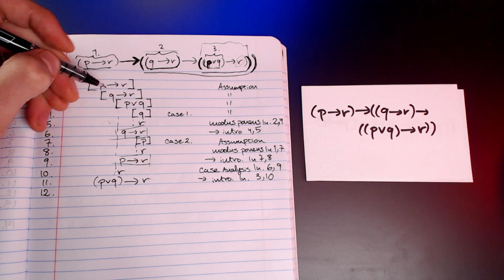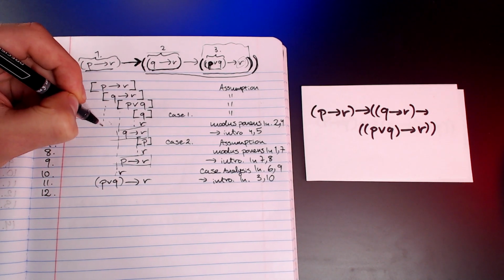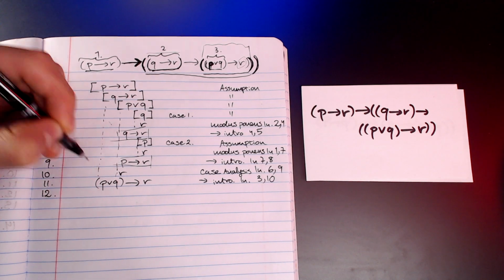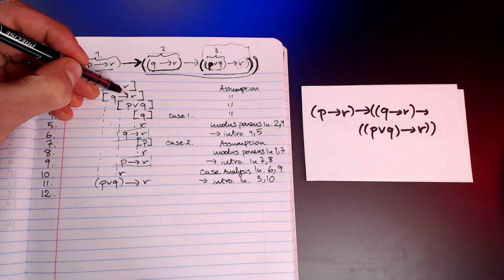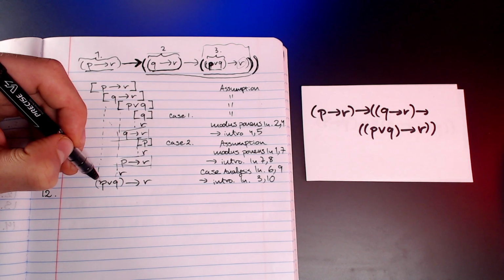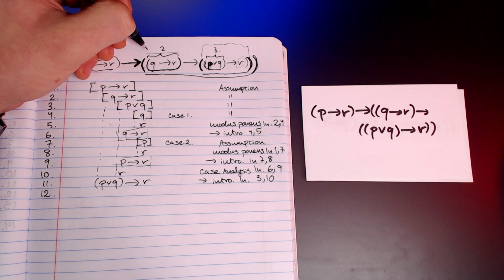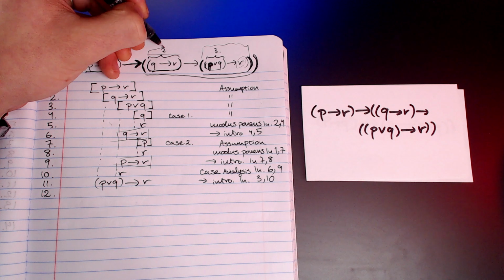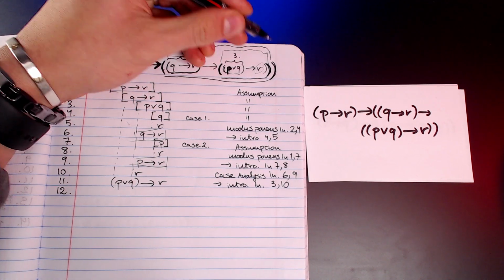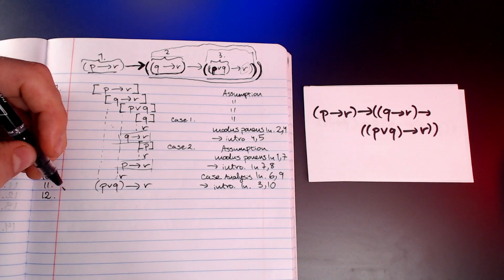Next. So let's see, we're under this assumption, and we've reached that Q implies R. We can reach that P or Q implies R. So we've basically got this part, running out of space there.